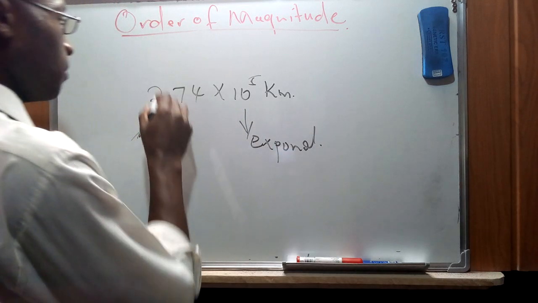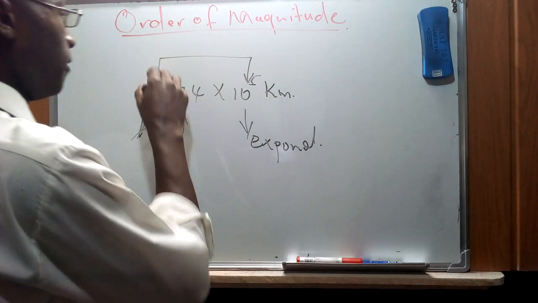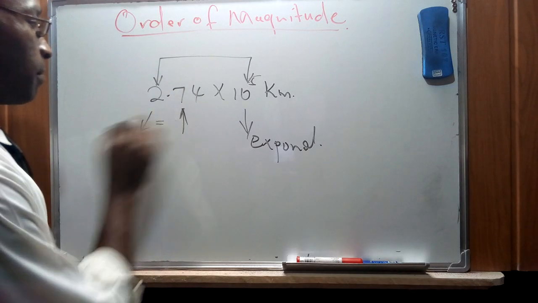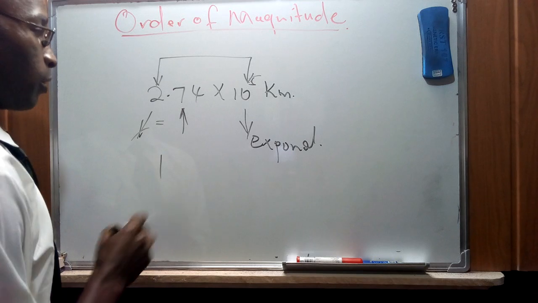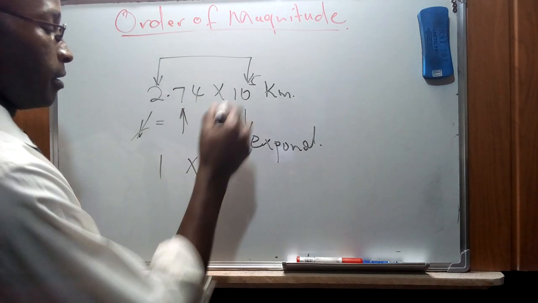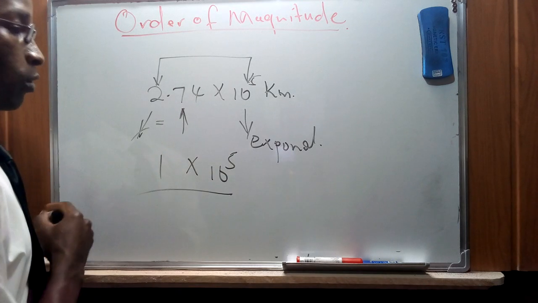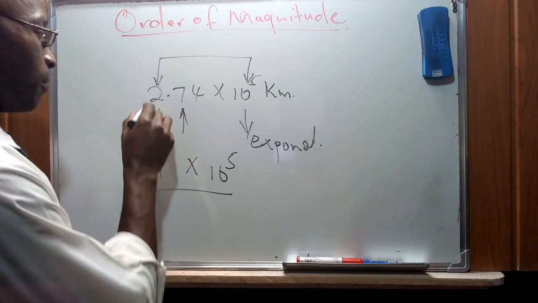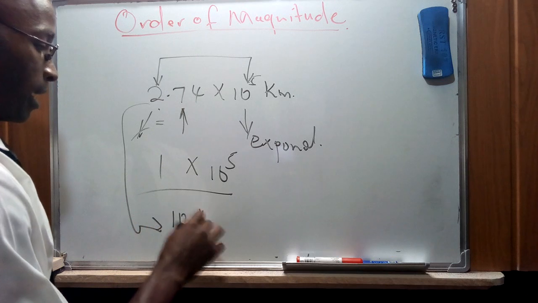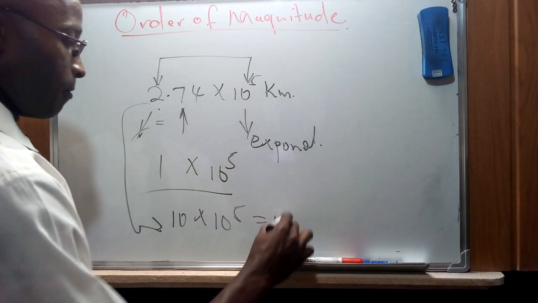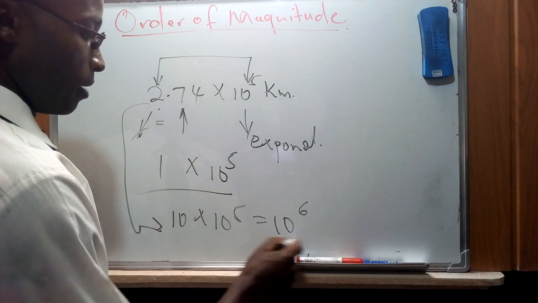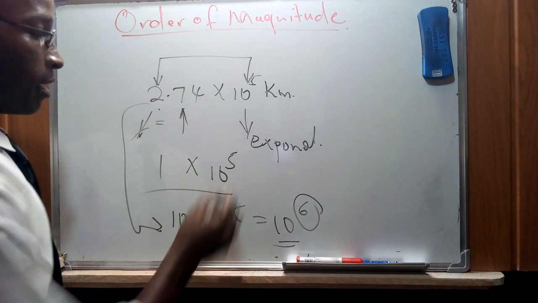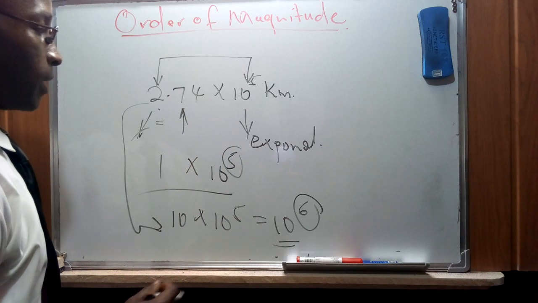These two parts, the integer and the exponent, play a very important role in expressing numbers in order of magnitude. If this number is less than 5, it's going to be 1 times the power which is expressed there, and it is retained. But if this number is greater than 5, we consider this number to be 10 times the power which has been expressed, and therefore there is an increase in power. So in this case, we're going to say that it's 6 orders of magnitude, 5 orders of magnitude, etc.